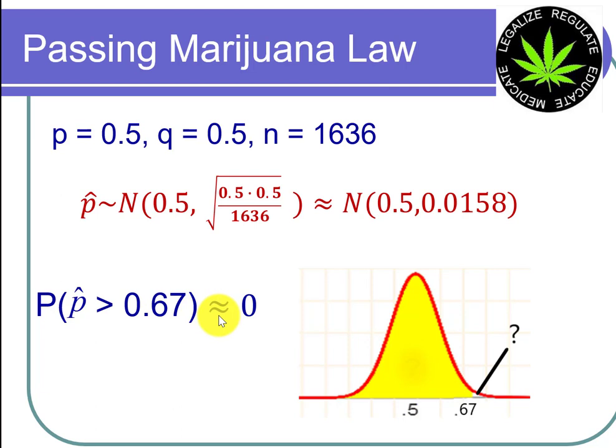What you typically do, and we're going to learn about this in the next few chapters, is you say, well, if it's so unimaginable, and we made that assumption that 50% or lower support legalized marijuana, then this must be wrong. So what we can really say is that this can't be right. We really do have the majority of all Americans in favor of legalizing marijuana.